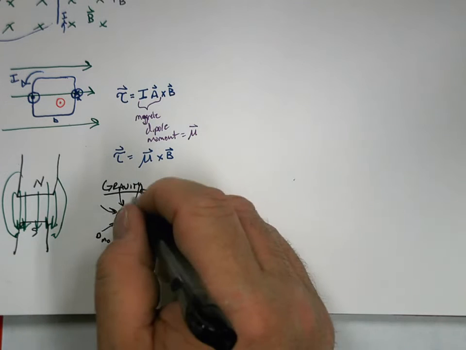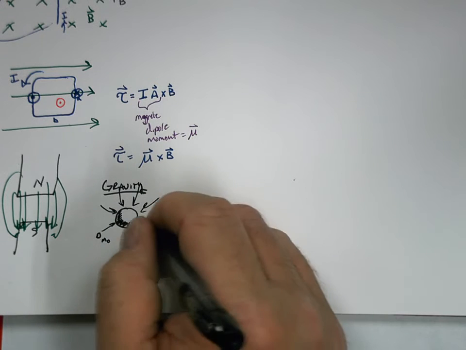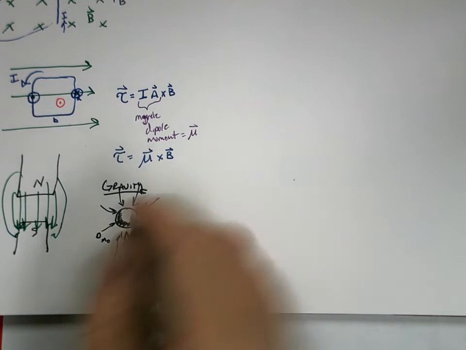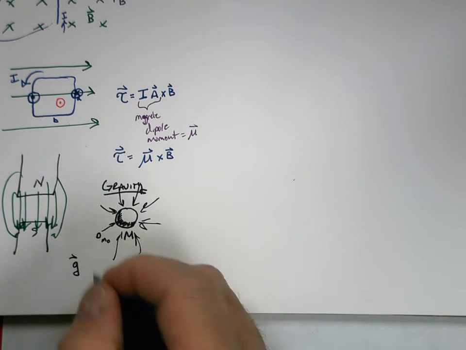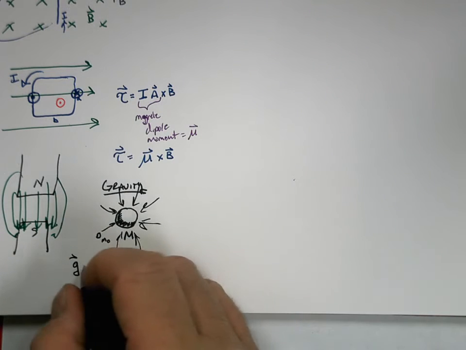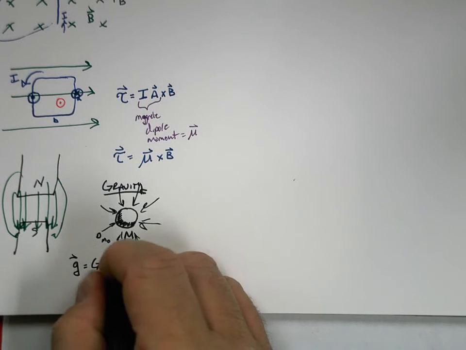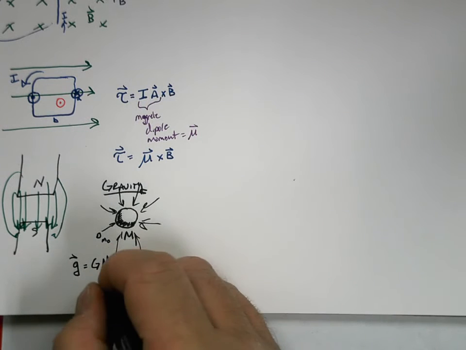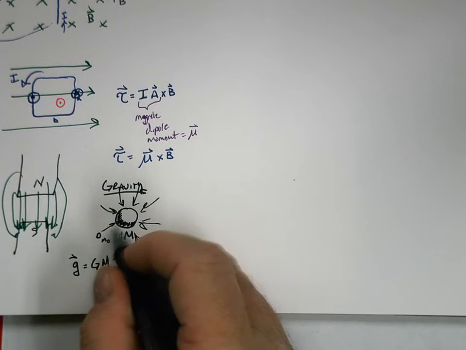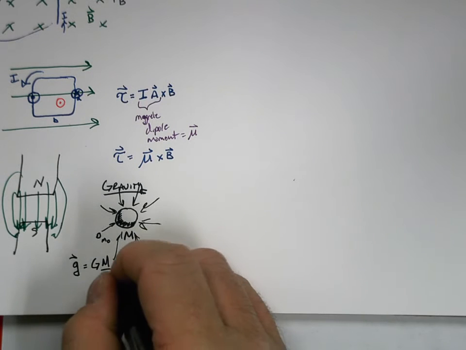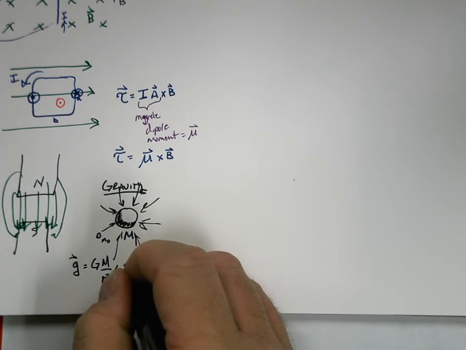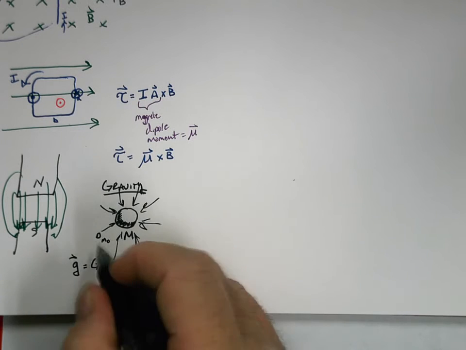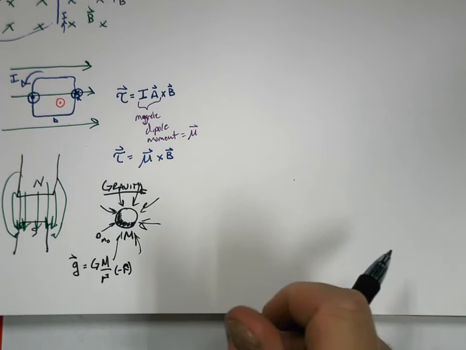All around it we have this field where g, our field due to gravity, is equal to big G m over r squared, because it's a function of how far away you are, with an attractive vector r hat, meaning that it's going to be attracted to the center of the object.